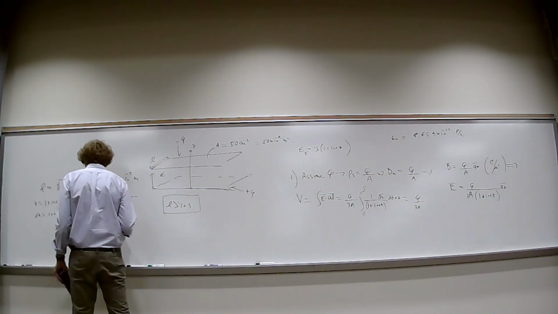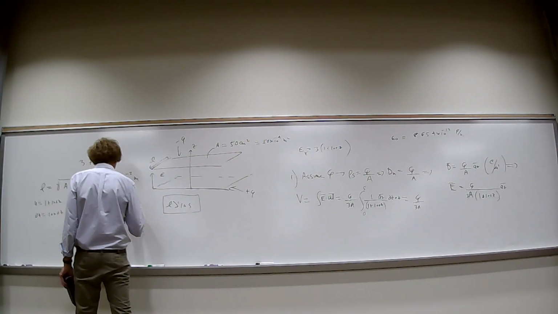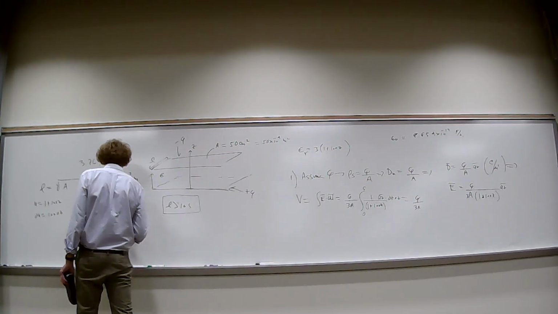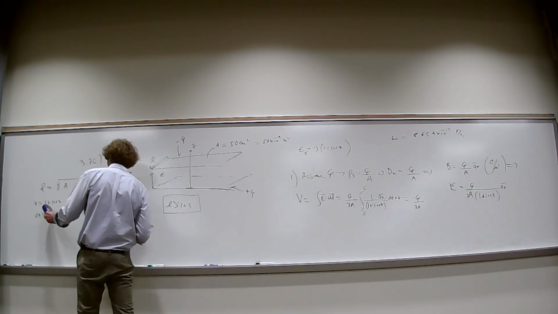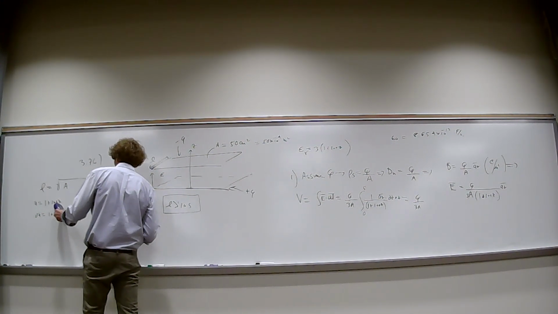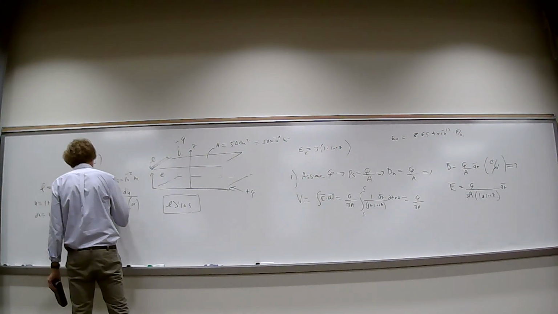And then I have 1 over u, and I go from 1 to S, which is going to be 1 plus 100S.